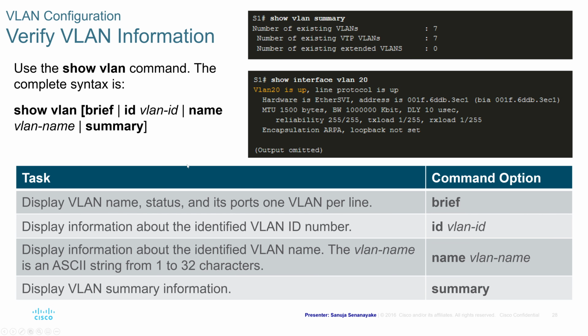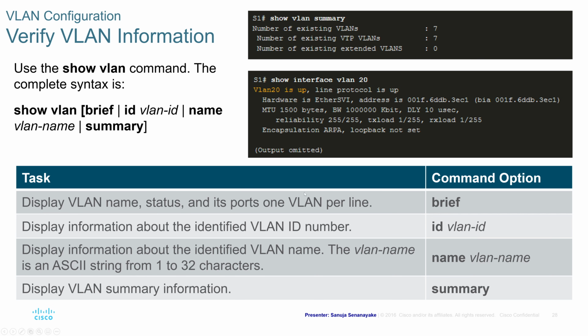We have show vlan brief. That will display the VLAN name, status, and its ports, one VLAN per line. Then if you go show vlan id and then the ID number, that will show information related to the identified VLAN.